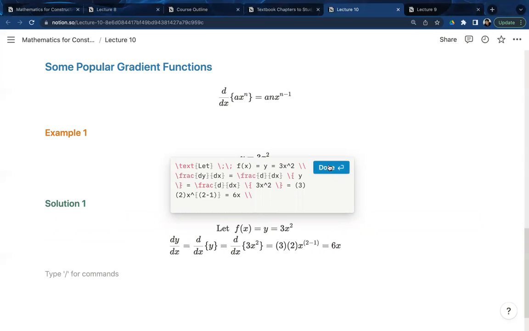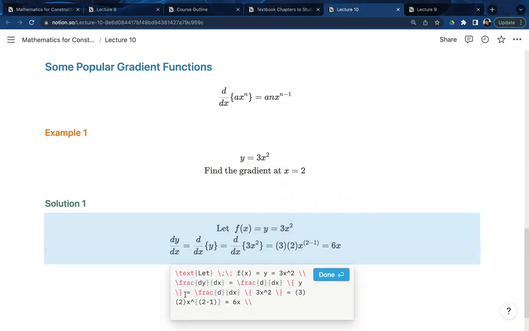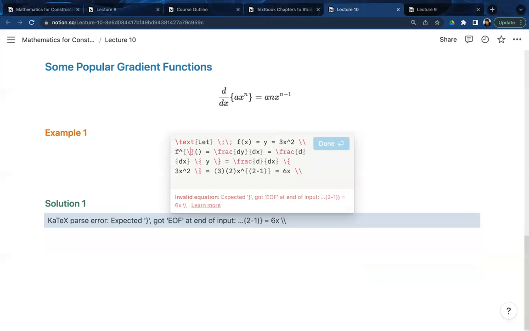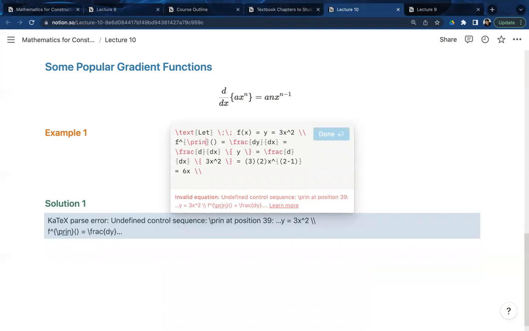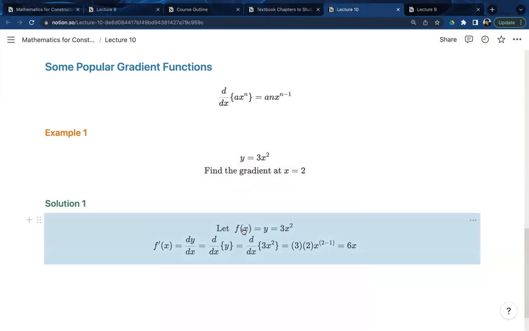So I introduce the concept of f of x because in the question they just give me y. So I said let f of x be this thing. Then f prime of x is dy dx. So if f of x is y, f prime of x is dy dx.